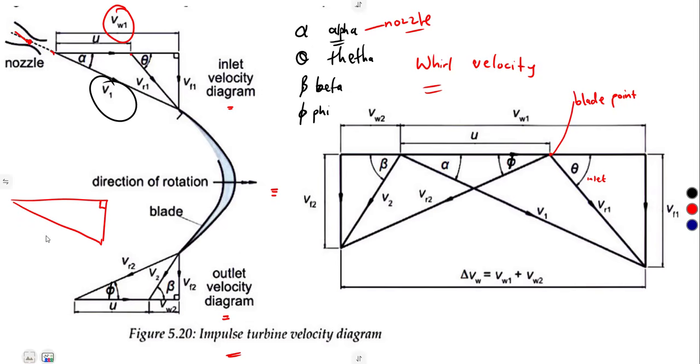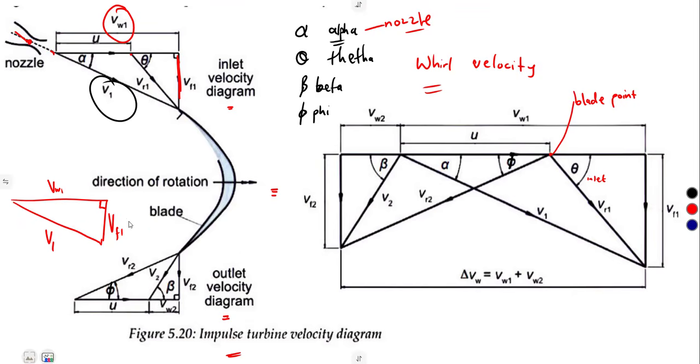We are simply saying this V1 is considered in terms of two components, made up of VW1 here, and this part here, our VF1 for the flow.